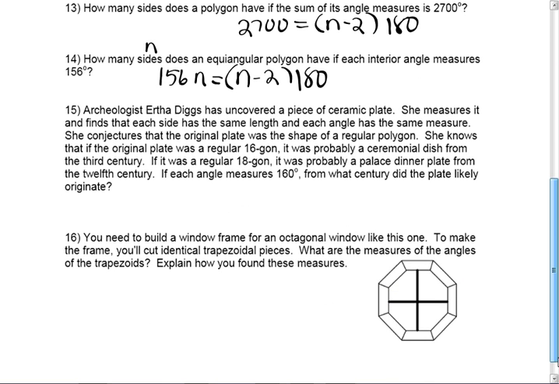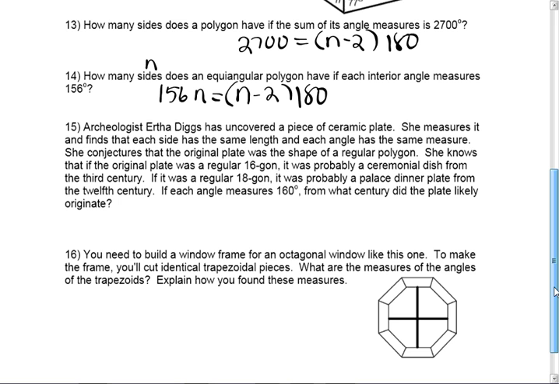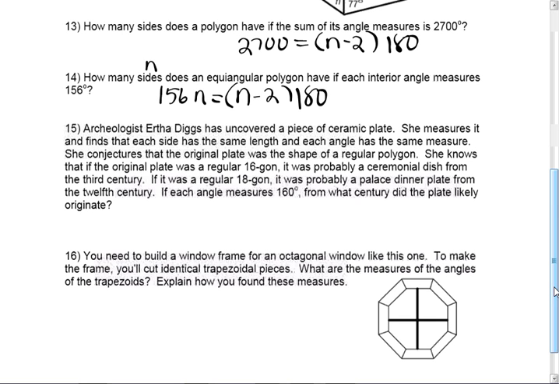16 we did in class, so unless you want me to do it again, I won't. But 15, you just got to get through all the words. And the words, you don't even do anything until you come here. Each angle measures 160 degrees. I want to know how many sides it has. If it's a 16-gon, it's whatever, 3rd century.